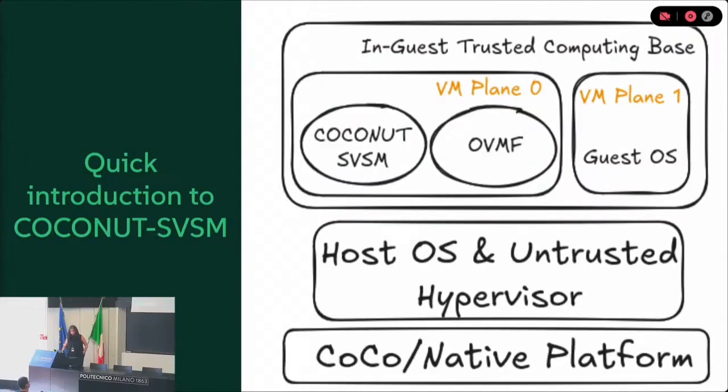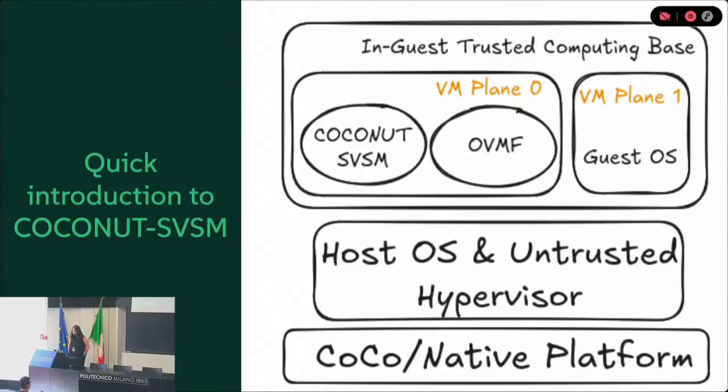So, quick introduction. COCONUT-SVSM, SVSM stands for Secure Service Module. It's software which aims to provide secure services and device emulations to guest operating systems, especially in confidential virtual machines.